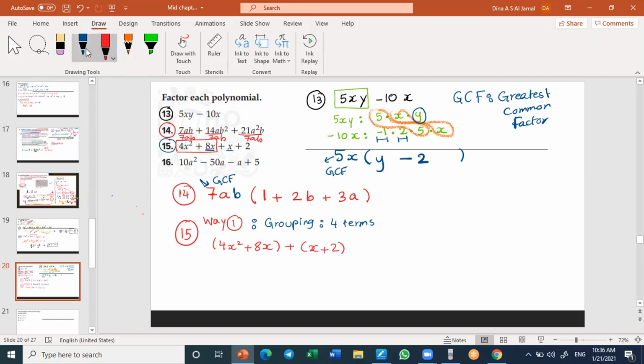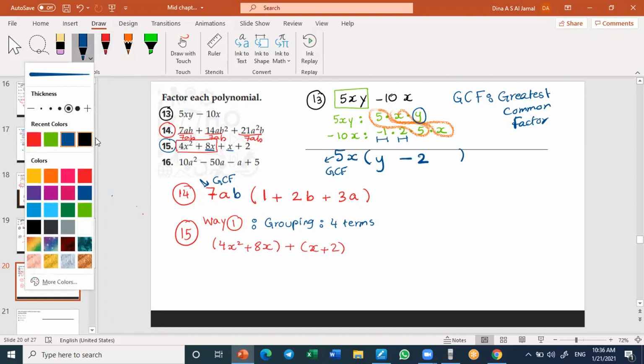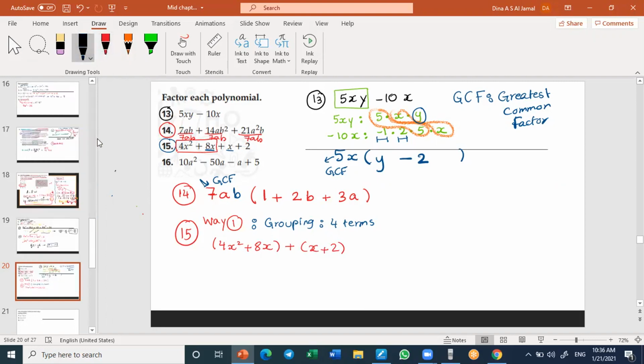Then think of the GCF of each part. So let's look at it and extract the GCF. Look at the numbers: 4 will be the common factor and x will be the common factor.